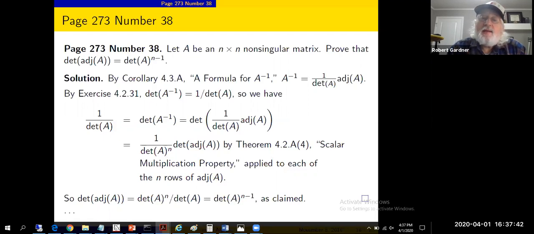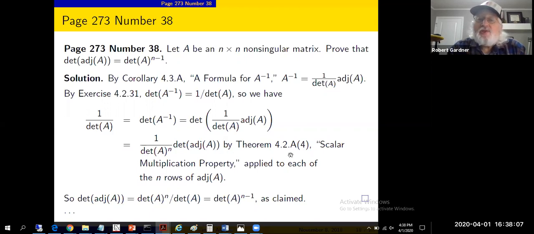We've multiplied every row of the n rows of the adjoint of A by this scalar. Multiply the first row, produces a multiple of 1 over determinant of A. Second row, another multiple. On to the nth row, an nth multiple. So we've got 1 over determinant of A times itself n times, 1 over determinant of A to the n power, times the determinant of the adjoint of A.